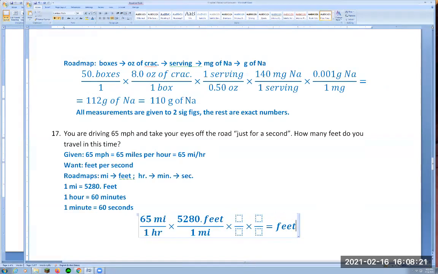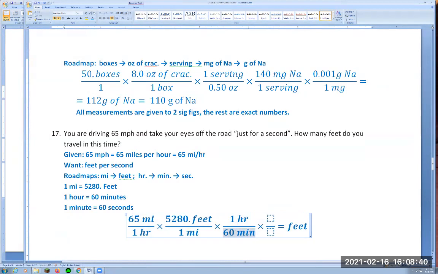Now we need to change the hour, and it's in the denominator. So you have to be careful, it's in the denominator. So you want to cancel the unit by putting it in the numerator in the next conversion factor. So you want the hour here in the numerator, and it's going to be 1 hour is 60 minutes. So this way we cancel the hours, we get per minute, but we want per seconds.